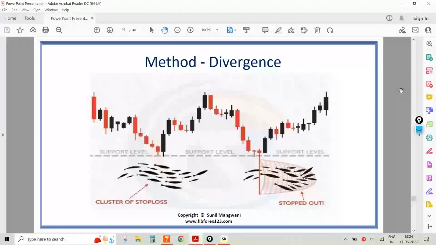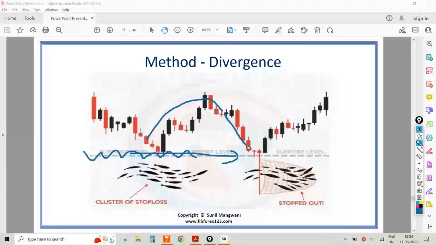Now this is something I went over last time, how divergence is created. So you have a support level over here, right? And a lot of traders will place anticipatory orders that if price comes back to this support level, we expect price to move up.